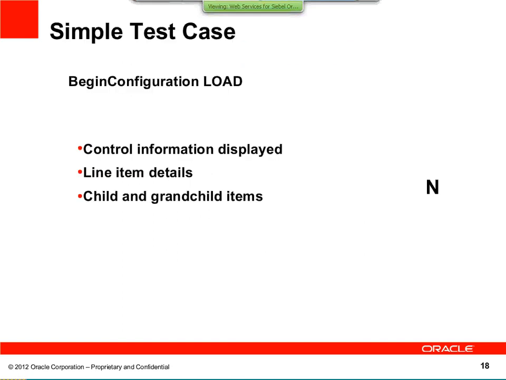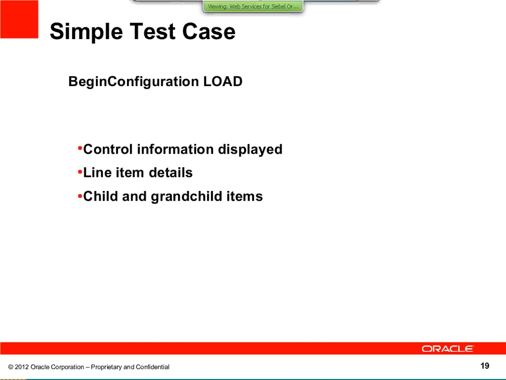Now we have seen some information returned and we have seen the request. But if we imagine you have a quote with the root product, 20 child products, and each of the 20 child products has 3 to 5 grandchild products, and then a lot of attributes and so on, you can imagine that the data which is returned can be quite big.